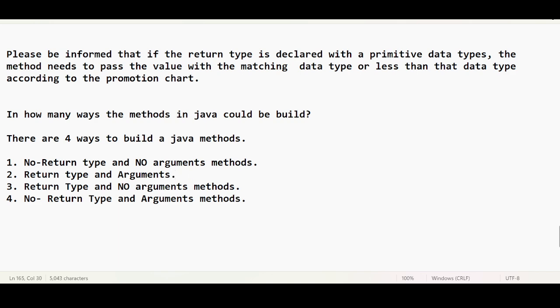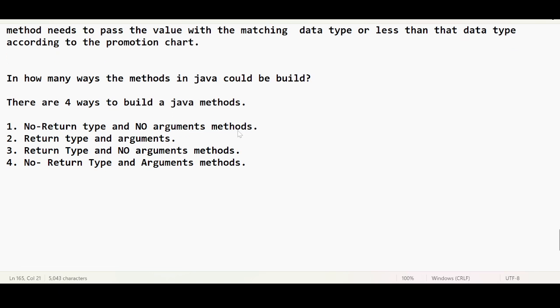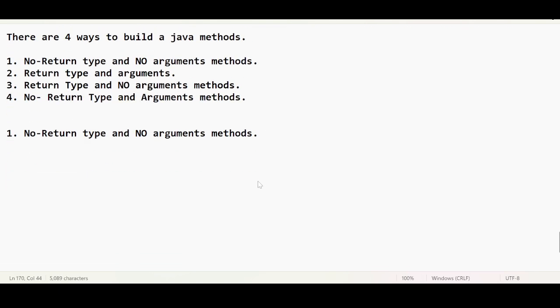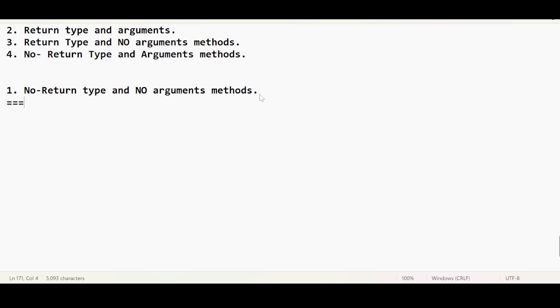Let us understand each in detail. First, what does no return type and no argument method mean? When you are declaring a Java method, we know the common, mandatory syntax.